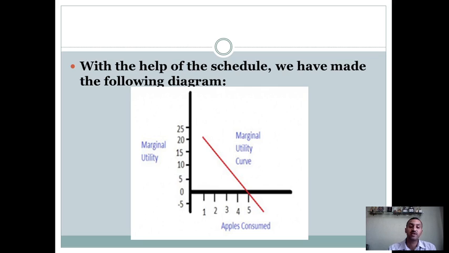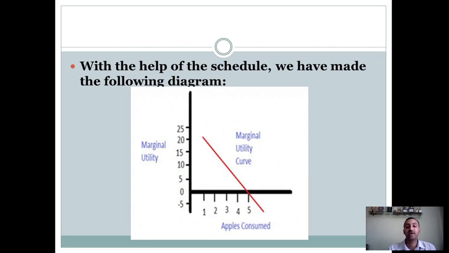Third apple, it came to 15. Fourth, it came to 10. Fifth, it came to 5. Sixth it came to 0, and then -5. So this is how the law of diminishing marginal utility is seen.